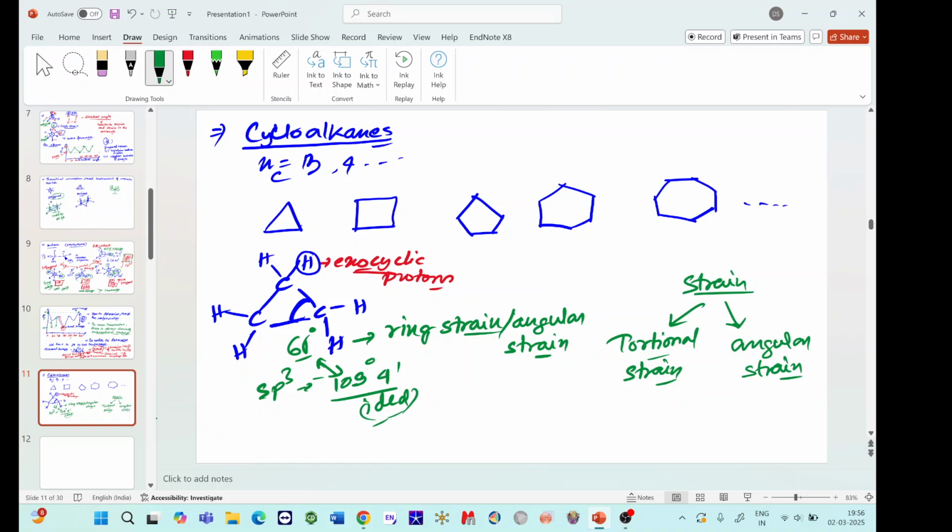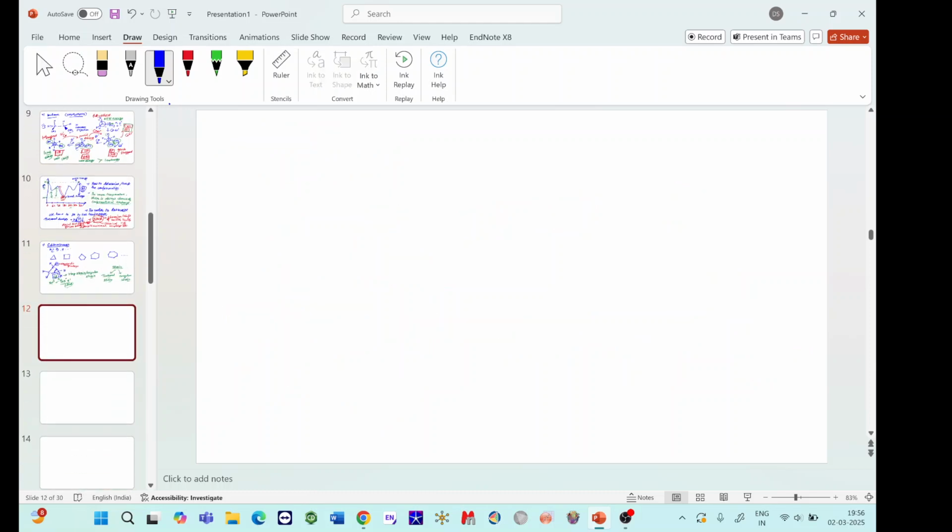Now you see that the original angle is 60 degree. So how can it survive? Why is it not breaking? So that is why it has some changes in the structure. So let's say we have carbon, carbon, and carbon. A direct overlap will be like this. This is much more expected. And then you have this hydrogen, hydrogen, hydrogen, hydrogen, and hydrogen, right?